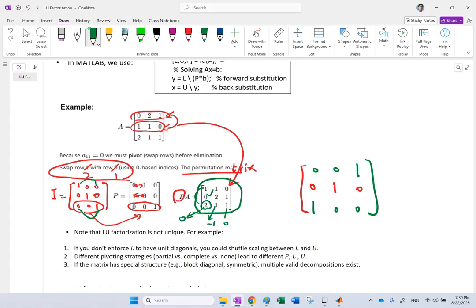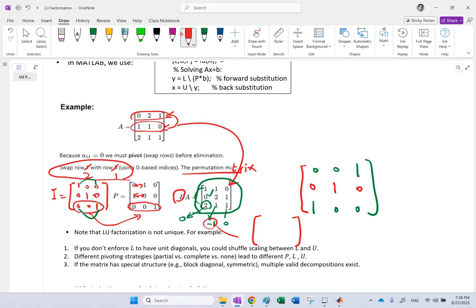And now I need to make finally this one go to 0, and for that I need to divide this -1 by 2, which is -1/2, multiplied by the second row, subtracted from the third row, and now your A is going to go to a full upper diagonal matrix U.